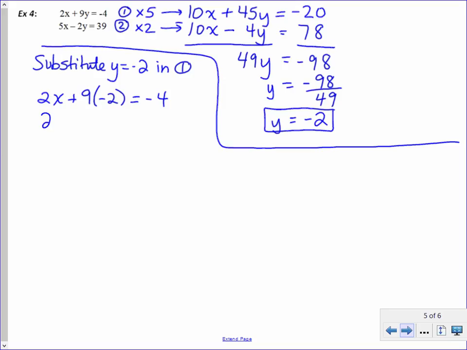So I have 2x. Minus 18 equals negative 4. 2x equals negative 4 plus 18. 2x equals 14. X equals 7.